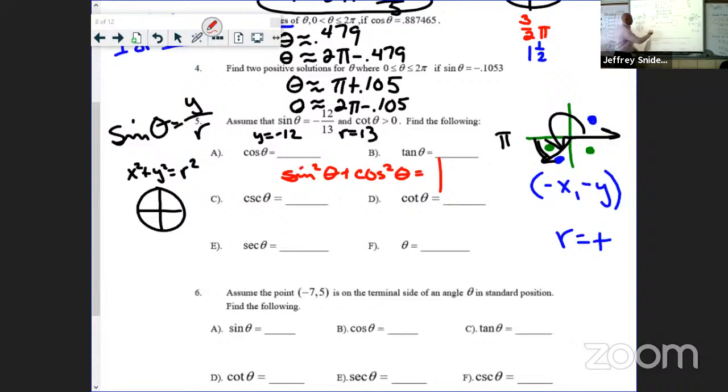So all you would do is this. Solve for cosine squared theta. And then we find cosine. That's why it's called a Pythagorean identity. It's the Pythagorean theorem using the trig ratios. When we're doing that, we always use the Pythagorean.